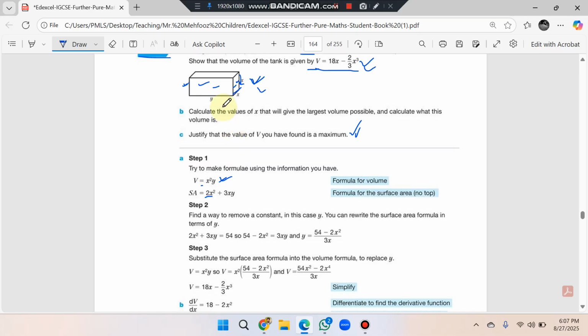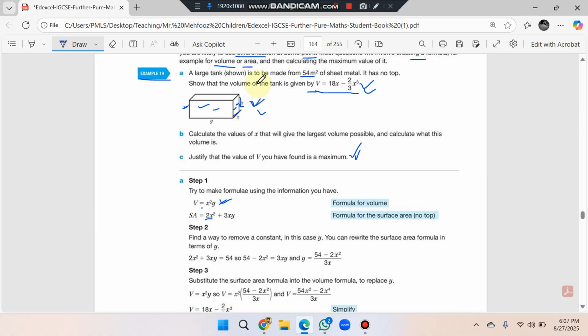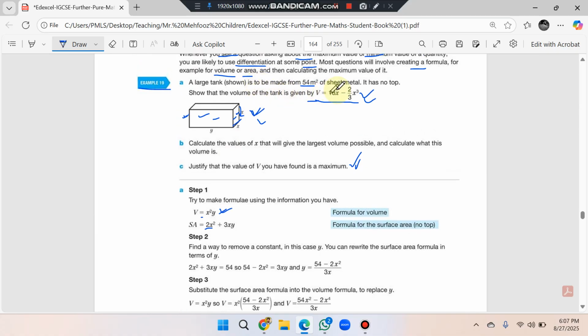And now the area of the three sides, because we do not have the fourth side, it has no top. It means that the next area is, this is length and this is height. So length is y and height is x, and we have three sides, so the area will be 3xy. Okay, so the total surface area is the sum of these two areas.